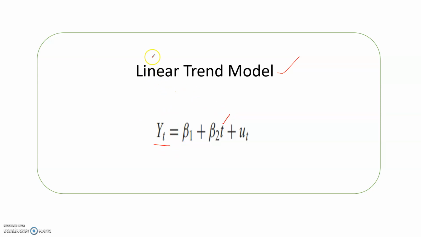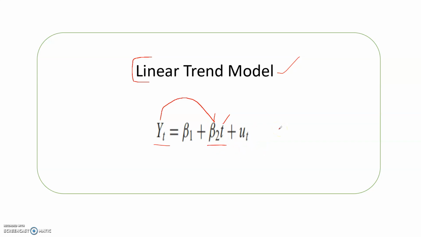That is how this model has got its name, the linear trend model. If the slope coefficient, beta 2, is positive, it would show a positive or upward trend in y. And if beta 2 is negative, there is a downward trend in y.